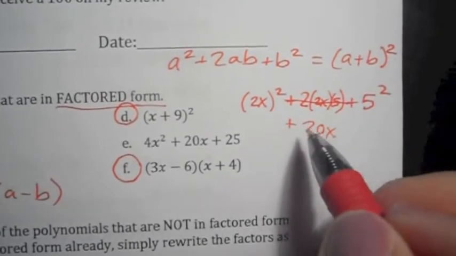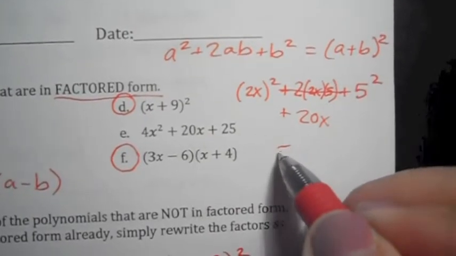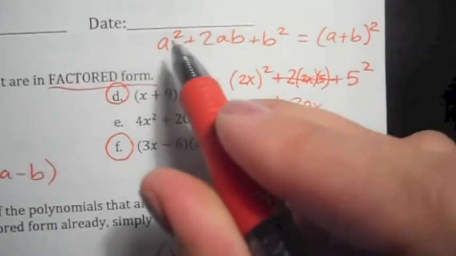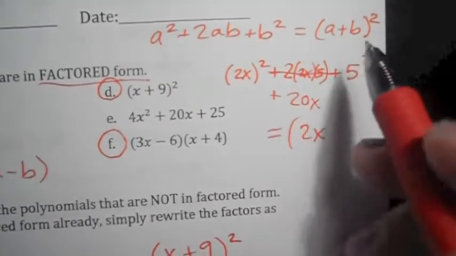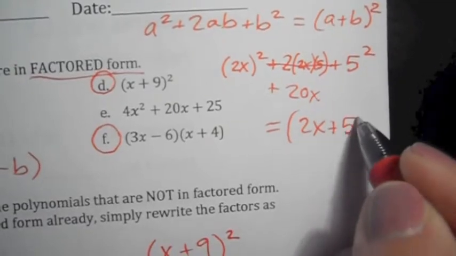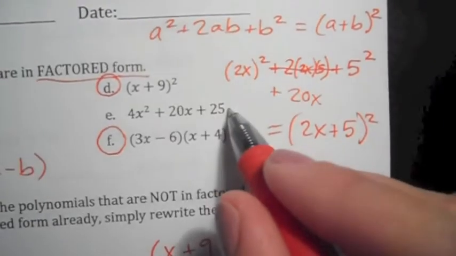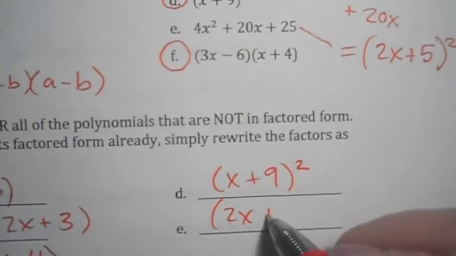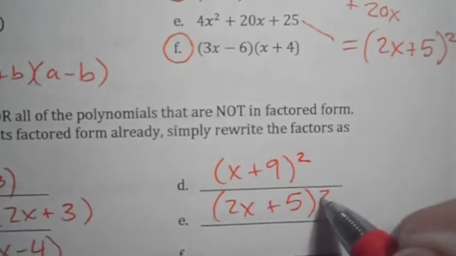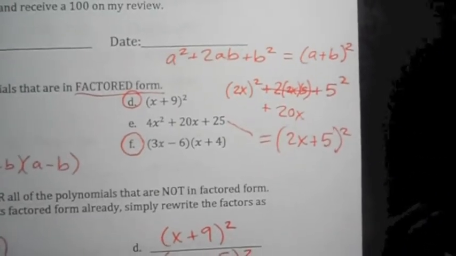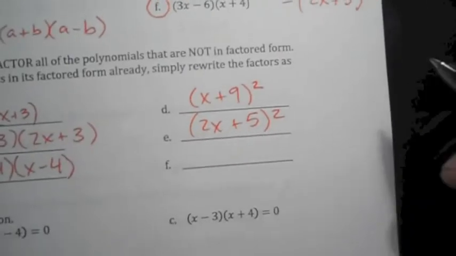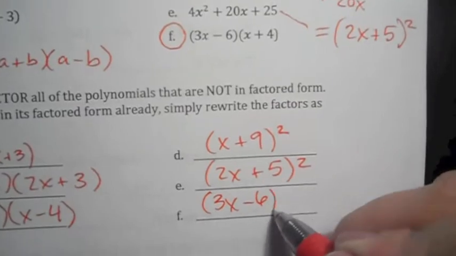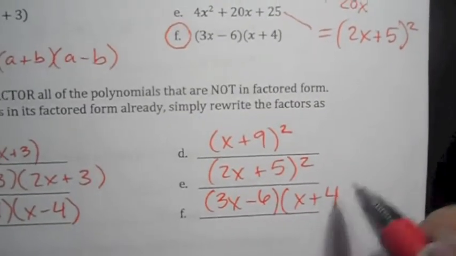So that means we can write our factors in this form. 2x was our A, and our B is 5. Okay, we'll see some more of those later too. F was already in factored form. So we write it how it is.